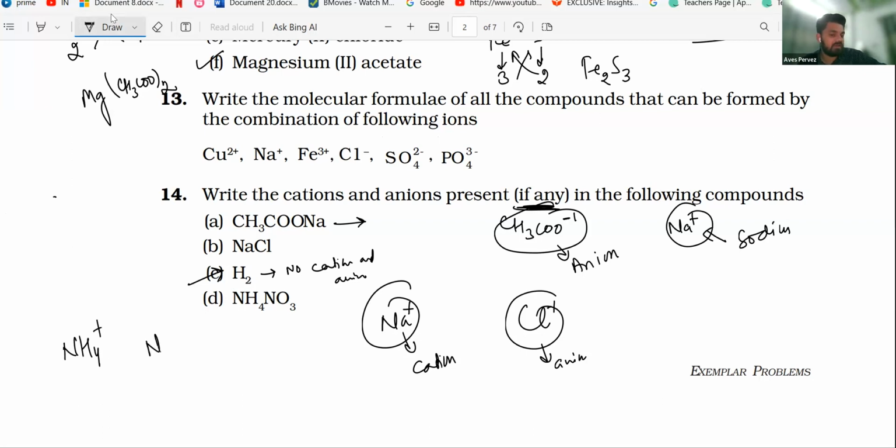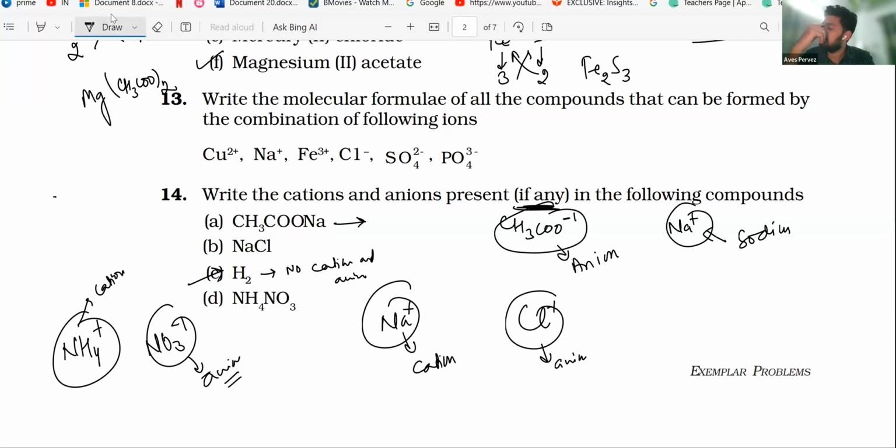Yes, sir. So this will be NH4 positive is cation, and NO3 minus is anion. Note this question. Have you noted this question in your copy? Yes, sir.